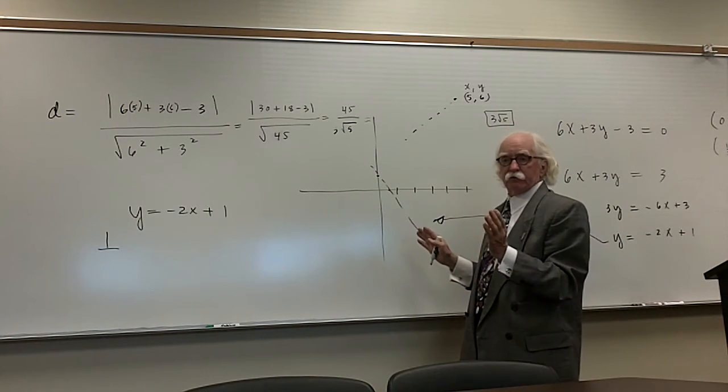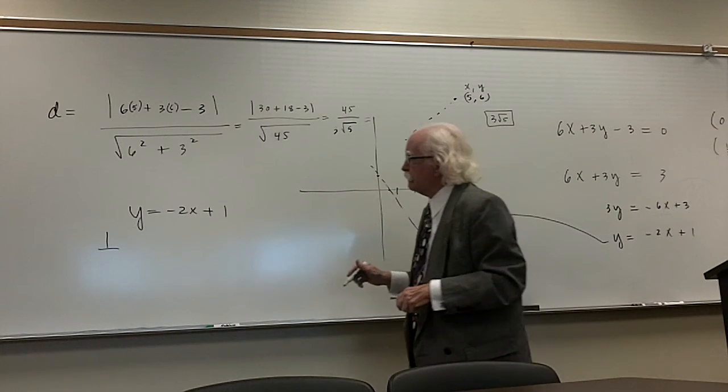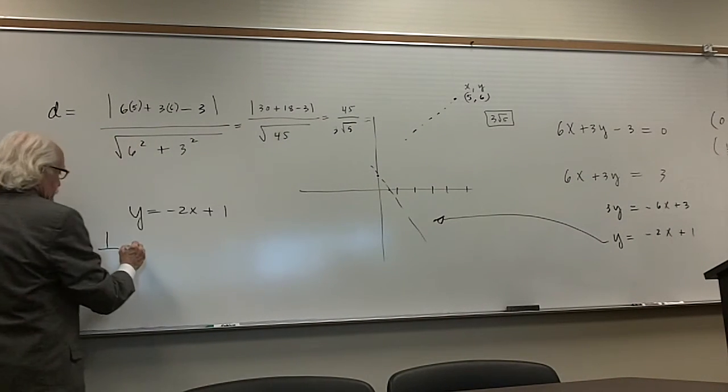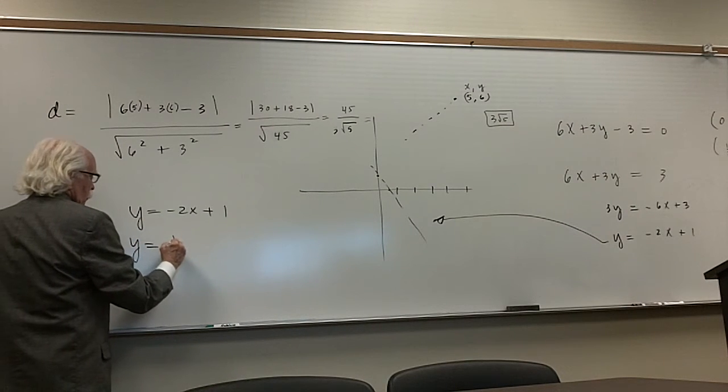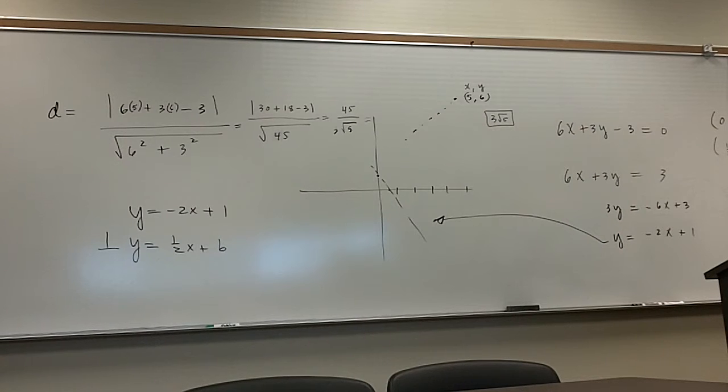That's what it meant. The shortest distance would have to be a perpendicular line. So the perpendicular line has to be y equals 1/2 x plus some value b. The only thing missing now is the value of b.